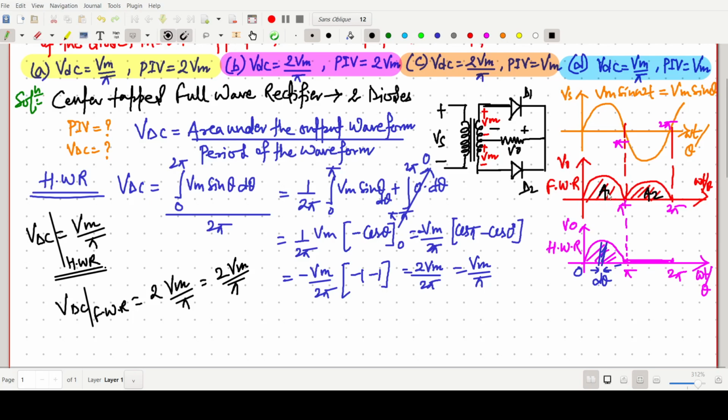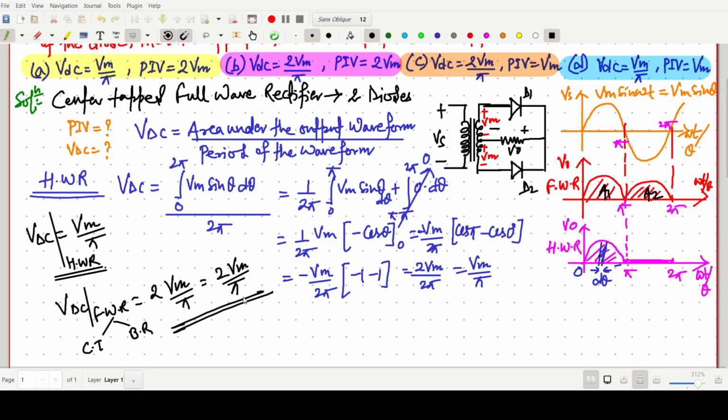You just add this area, the half wave rectifier, two times. So twice Vm by pi is the DC value for the full wave rectifier. It may be either center tap or bridge rectifier. We just have to multiply by 2, because these two areas have to be added together. So it is simply 2 Vm by pi. It is very simple.